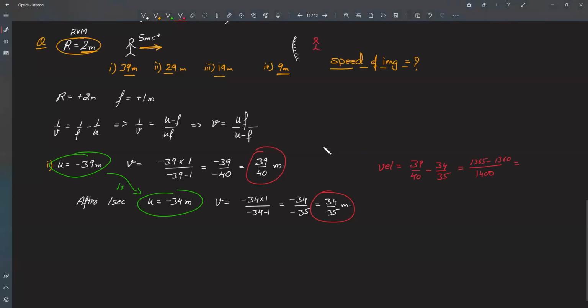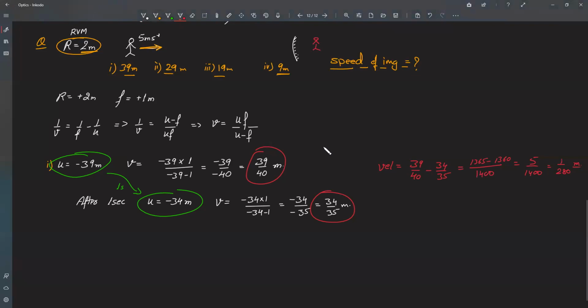So that is 5 divided by 1400, which is 1 by 280 meters.